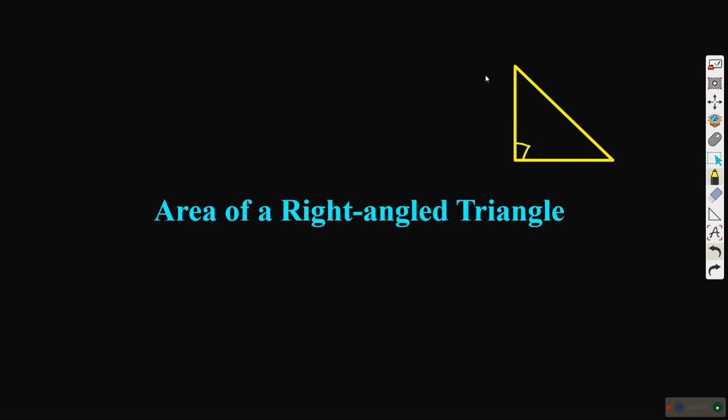We normally name the triangle with the 3 English alphabets ABC, so we can name this as triangle ABC. Now the topic here is finding the area of a right angled triangle. In order to find the area of a right angled triangle, we need to start from a rectangle.